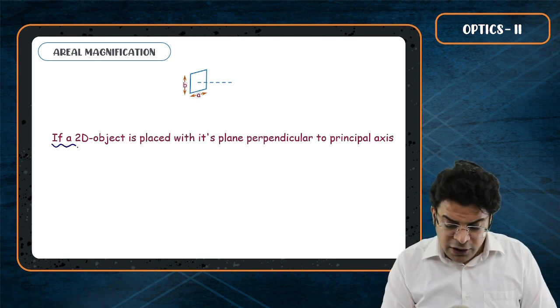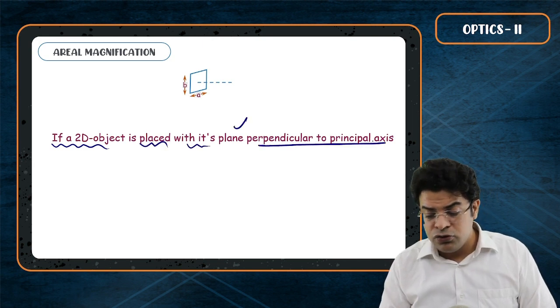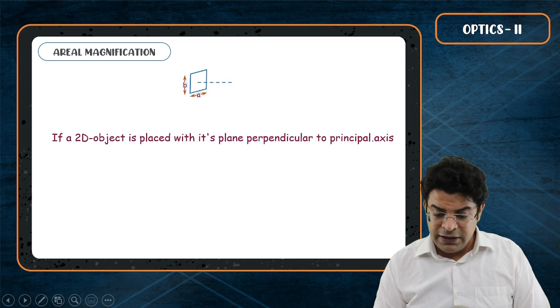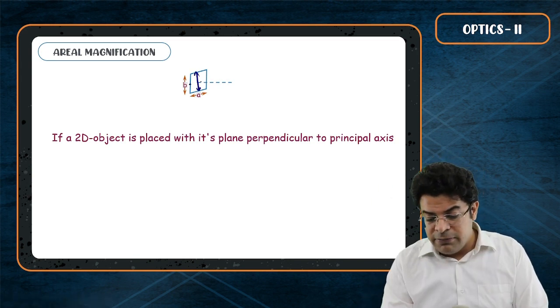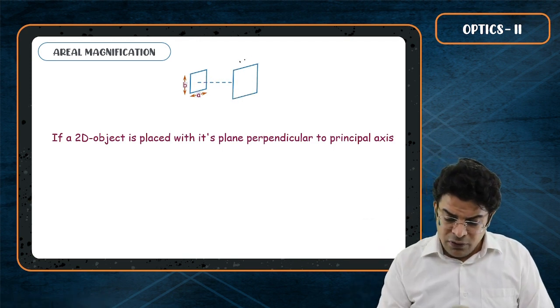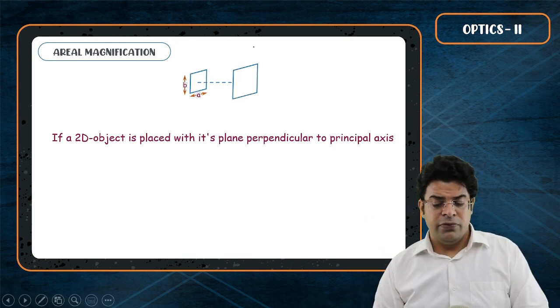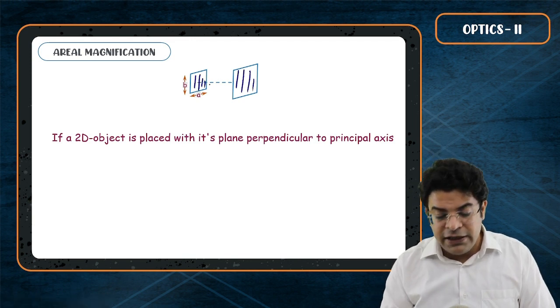So if a 2D object is placed with its plane perpendicular to the principal axis, then you will get some magnification for its height and some magnification for its width. So if you get this image, you can see that both of them won't have the same area enclosed.